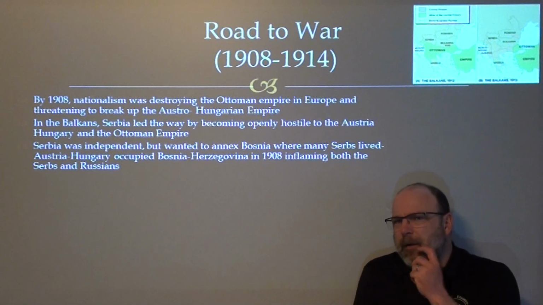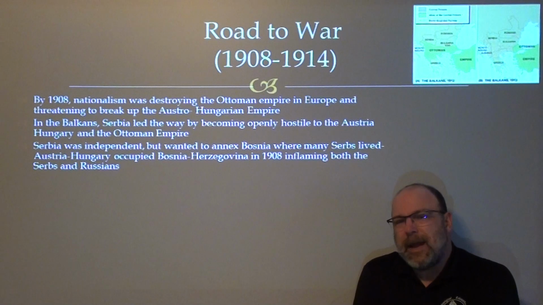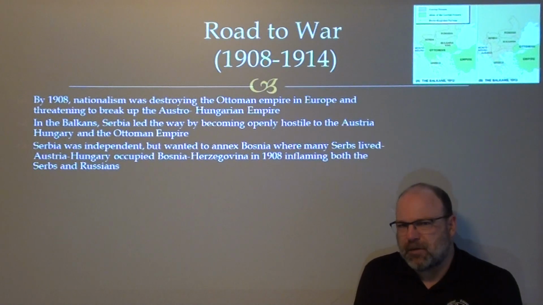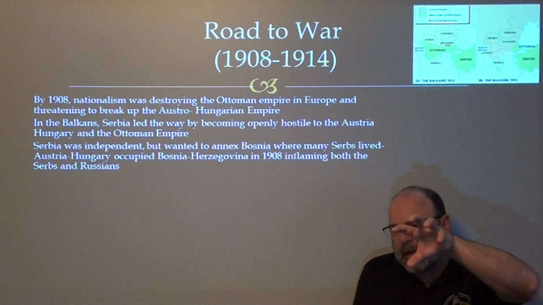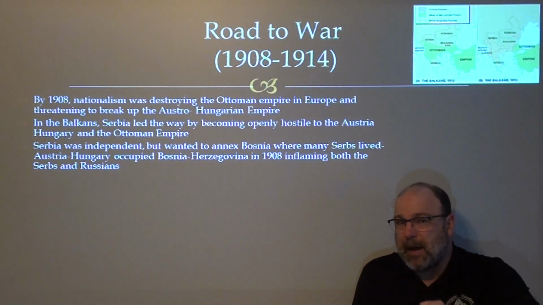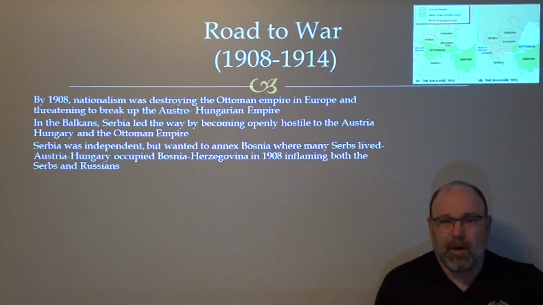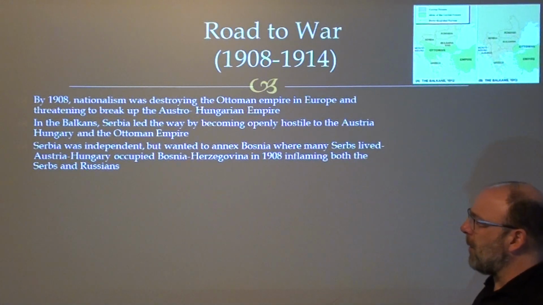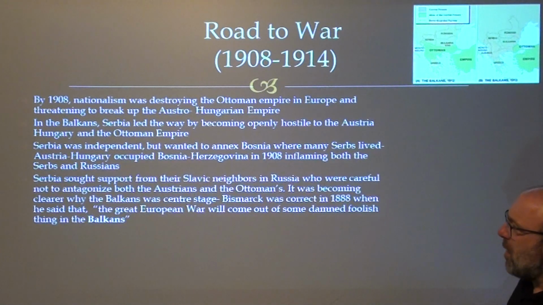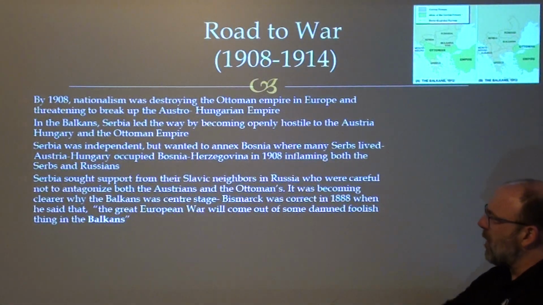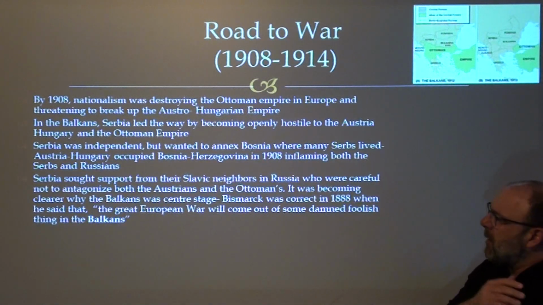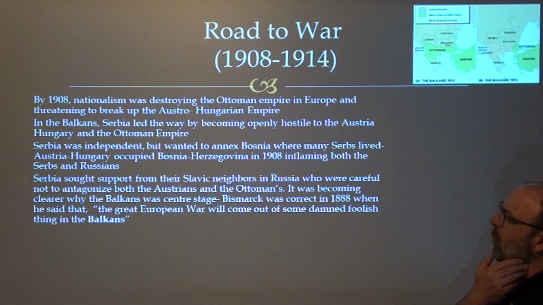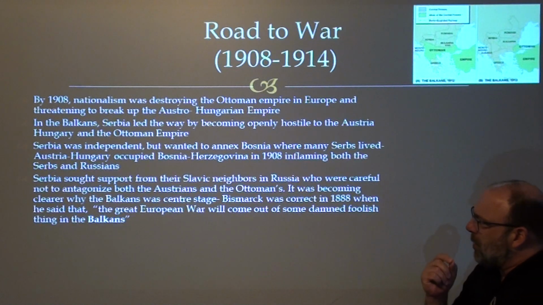You can identify with an independent Serbian nation more than you can your Austrian monarch. So Bosnia becomes a real problem because the Austro-Hungarians do not want to let go of Bosnia, but the Bosnian Serbs don't want to be part of the Austro-Hungarian Empire. Serbia sought support from their Slavic neighbors in Russia, who were careful not to antagonize both the Austrians and the Ottomans. It was becoming clear why the Balkans was center stage.